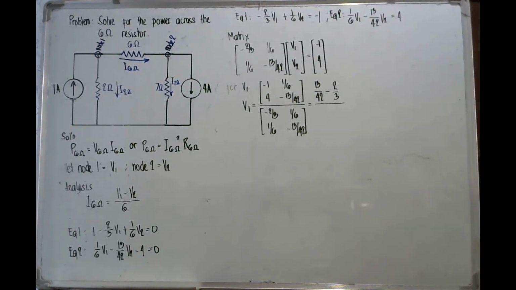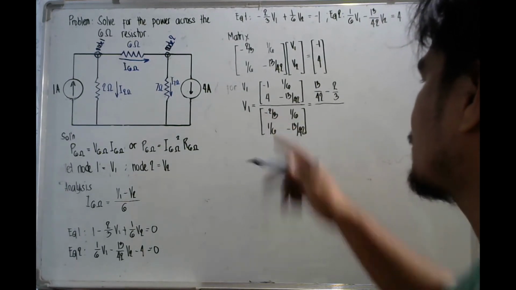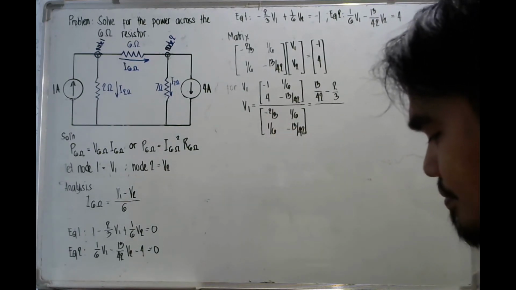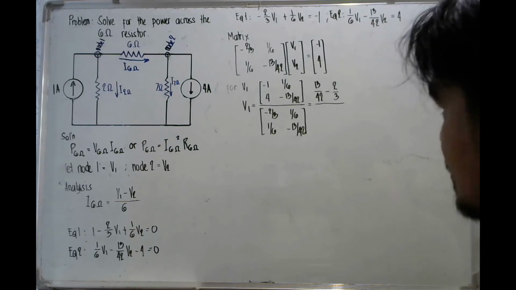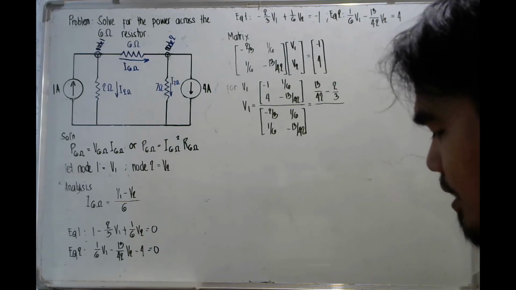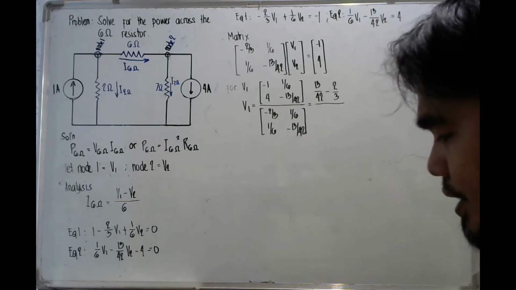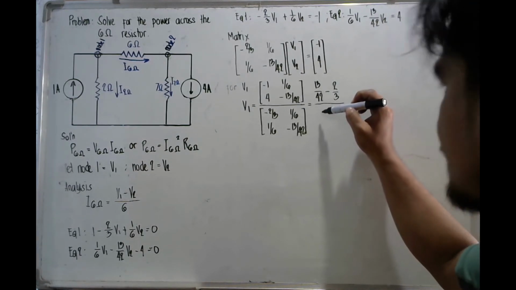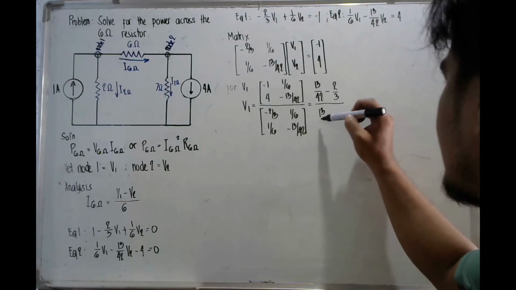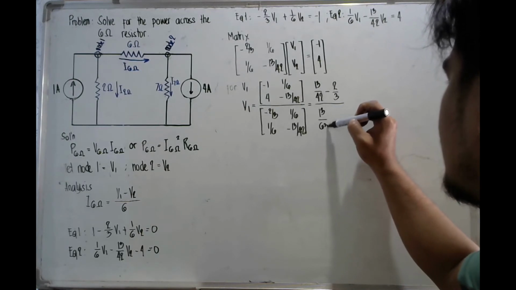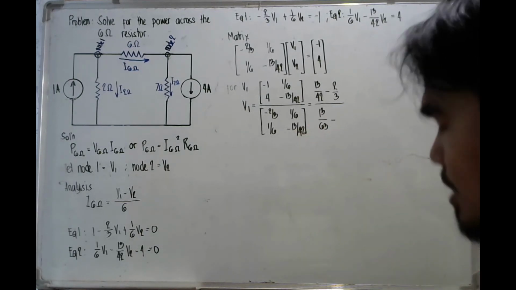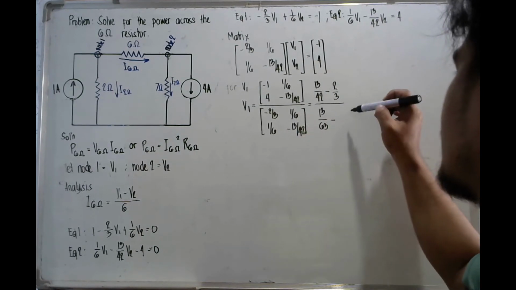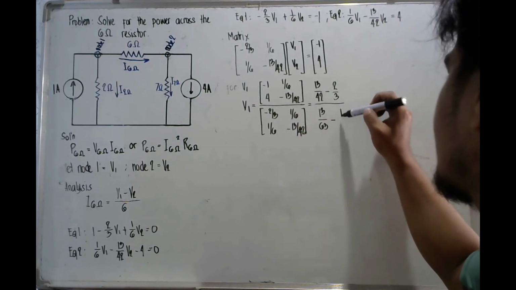Next, negative 2/3 times negative 13 over 42 is 13 over 63, minus 1/6 times 1/6, which is 1 over 36.